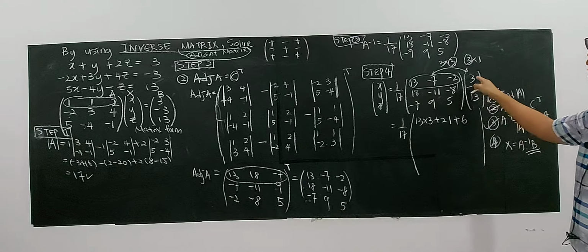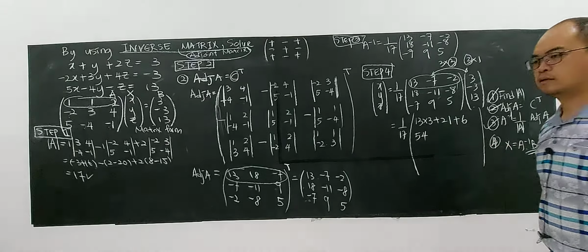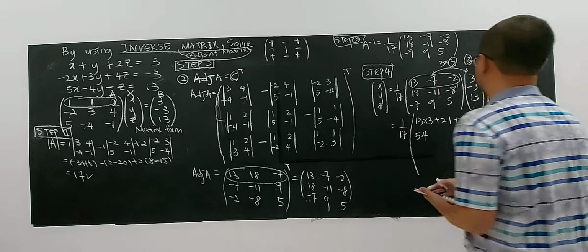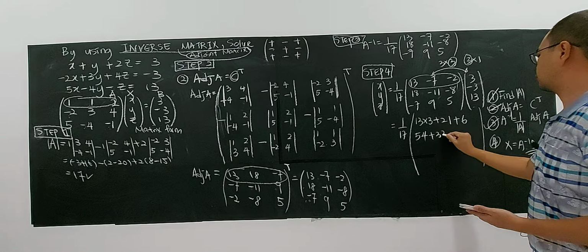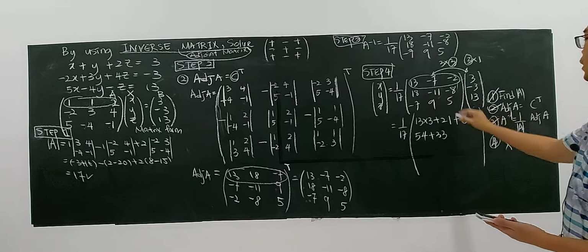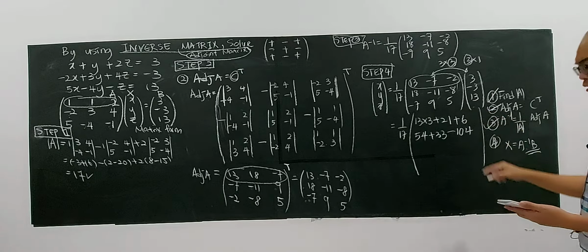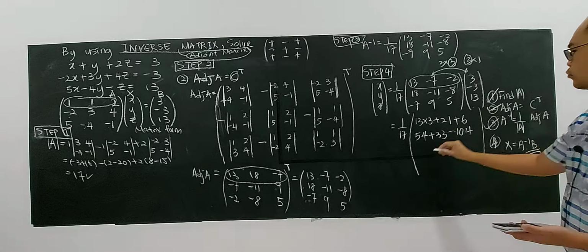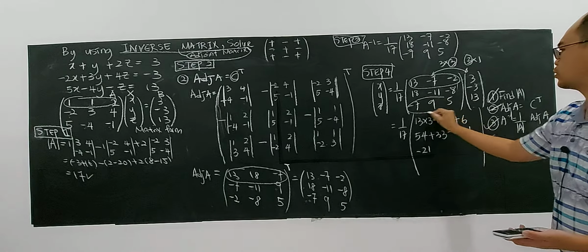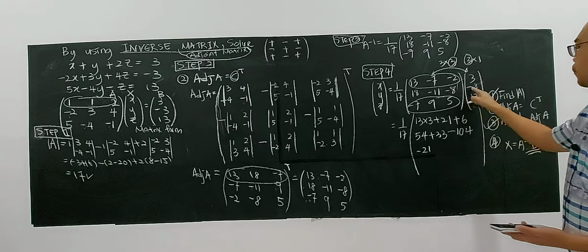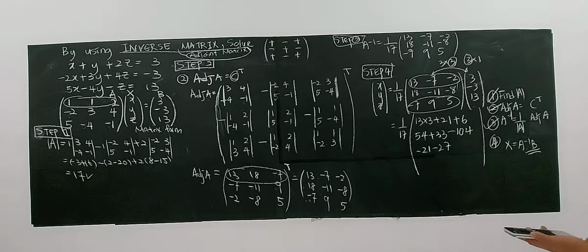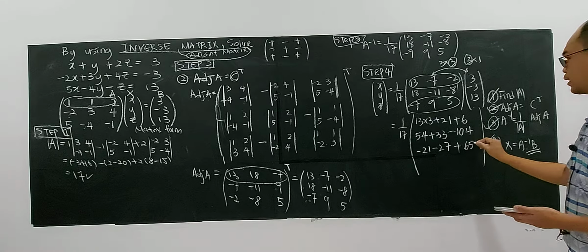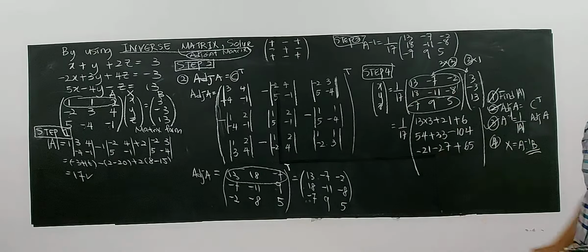Then you follow with 18 times 3, you have 54, followed by positive 33, minus 104. 8 times 13 is 104. Then for the third row, negative 21, minus 27, plus 5 times 13, 65. Okay, this is the purpose why I don't multiply the fraction inside.